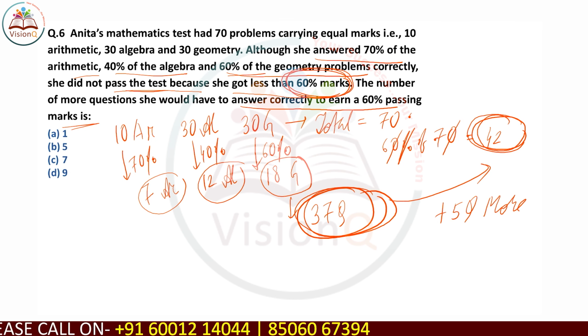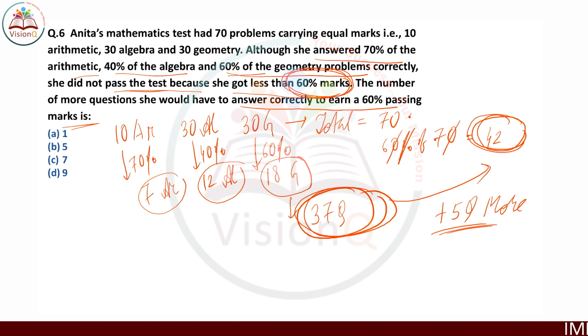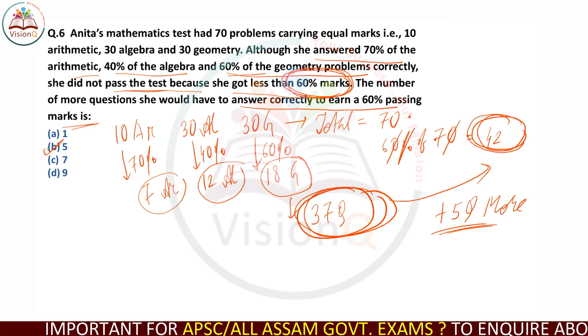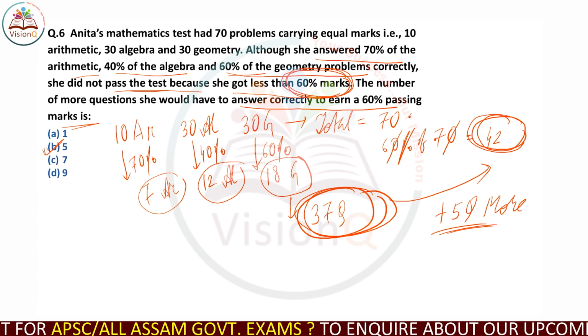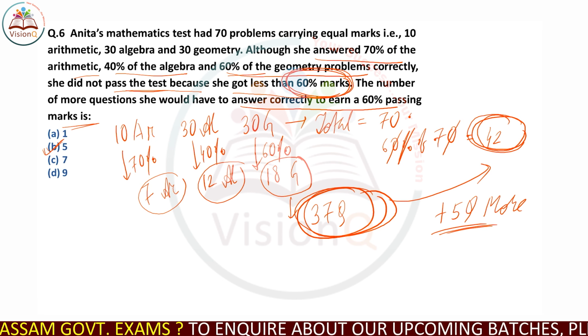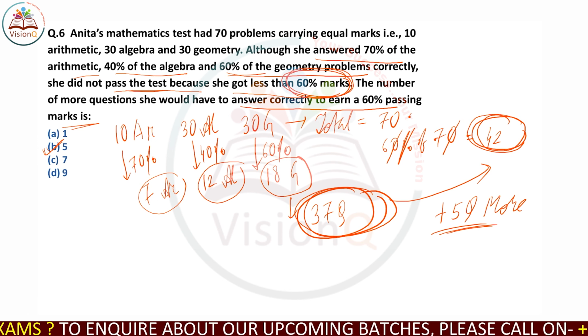Because 42 minus 37 is 5. So if she answers 5 more questions correctly, then she will get 60% marks, which is 42. The right answer of this question number 6 is option B, which is she has to answer 5 more questions correctly. So this was a logical question asked in the previous examination of UPSC.